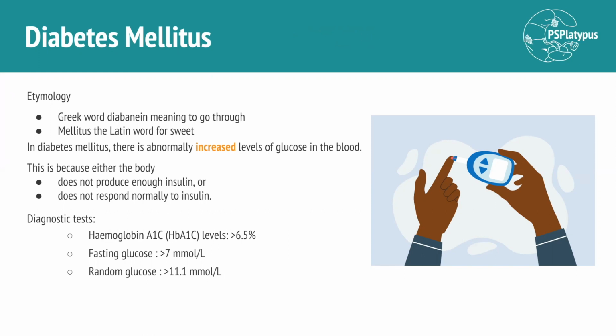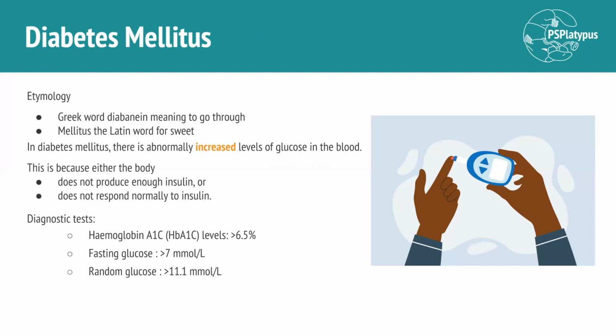Additionally, we have fasting glucose. That is a patient who's fasted, usually overnight or with an 8-hour delay from eating, and their blood glucose level is measured. Any value of blood glucose above 7 millimoles per liter is indicative of diabetes. Additionally, we have the random glucose test as well.